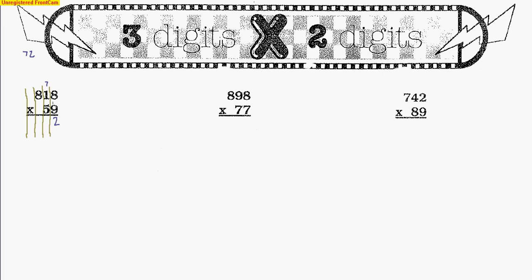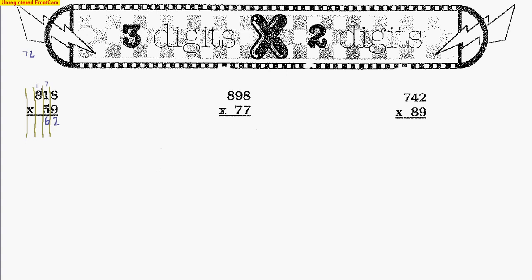All right, let's do the next one. 9 times 1 makes 9, plus 7 gives me 16. So I put a 6 right here. Since now I was in the tens place, the number went right into the tens place. I have to carry that extra number into the hundreds place.